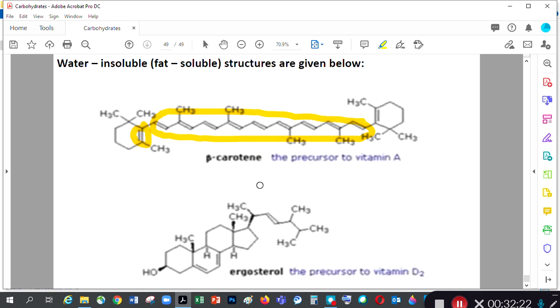And beta carotene is the precursor to make vitamin A. And ergosterol is the precursor to make vitamin D, and vitamin D is for calcium metabolism and bone growth. We have double bonds here, and double bonds here, and double bonds here. So it's an antioxidant as well. Thank you very much.